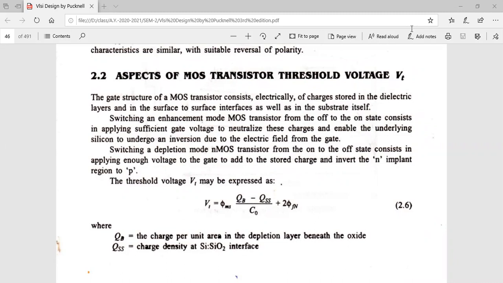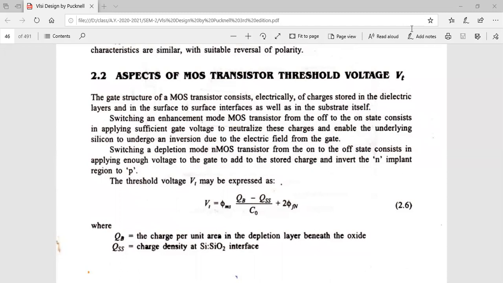This is for the gate underlying silicon to undergo inversion. Inversion in the sense that if it is an NMOS, we get positive charge on the gate. A positive voltage will be formed, and the positive charges will be accumulated on the gate material.